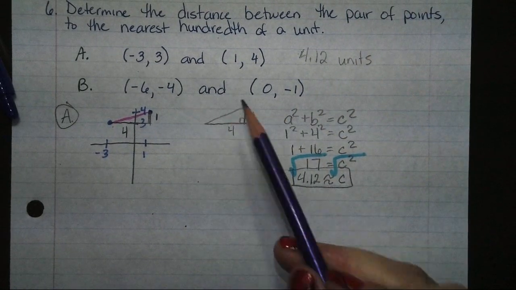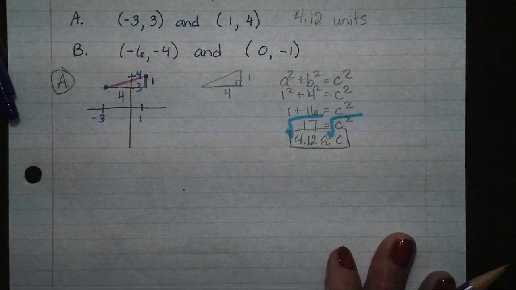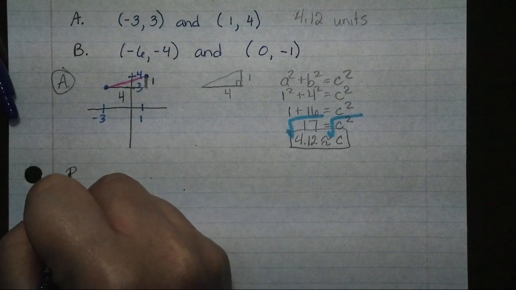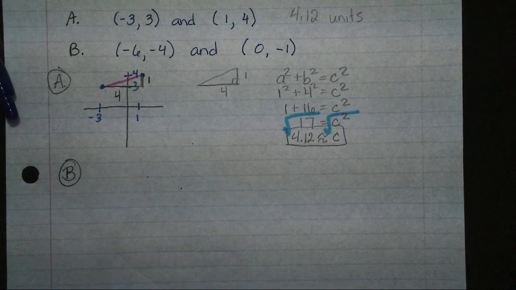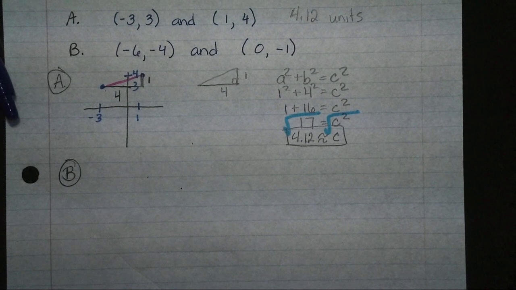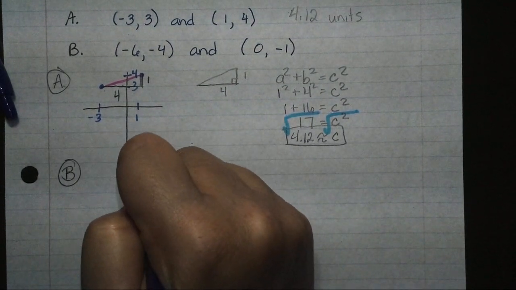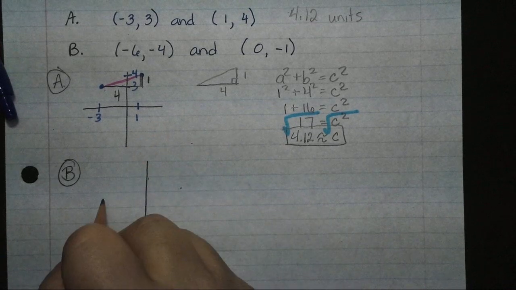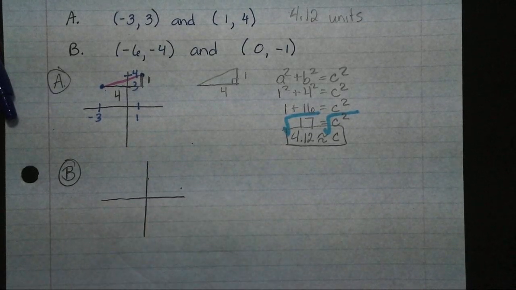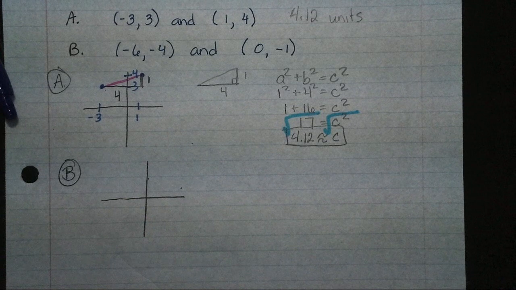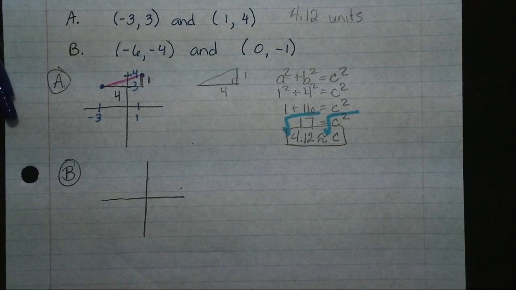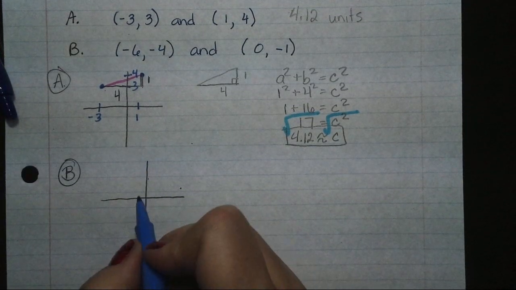All right, so now we're going to look at part B. I'm going to shift this up a little bit, and I'm just going to do it the exact same way as A. So I'm going to draw me a coordinate plane, and I'm going to graph my points. So I have negative 6 and negative 4.